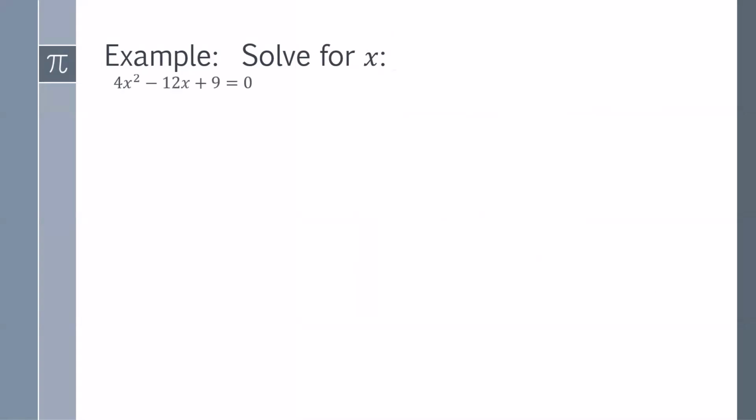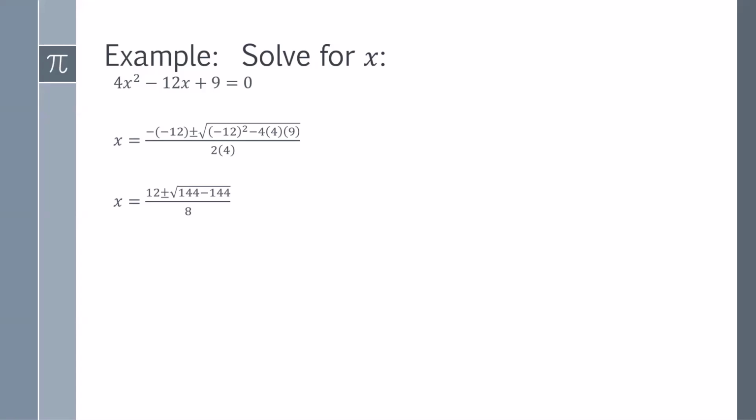Let's solve 4x squared minus 12x plus 9 equals 0 for x. If you can't see how to factor this right away, go to the quadratic formula. The quadratic formula says x equals the negative of negative 12 plus or minus the root of negative 12 squared minus 4 times 4 times 9, over 2 times 4.